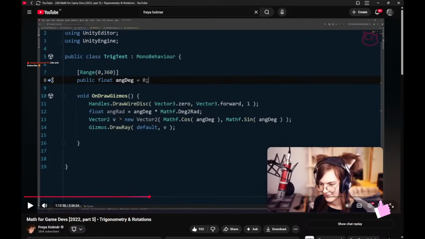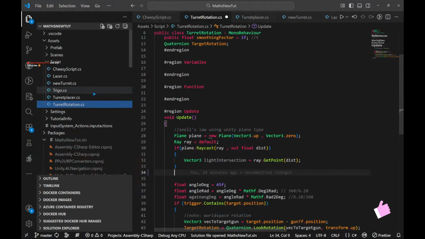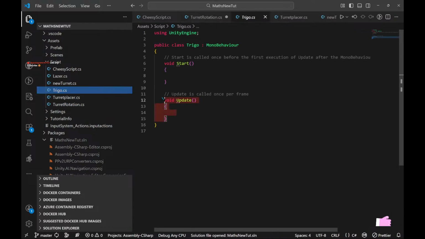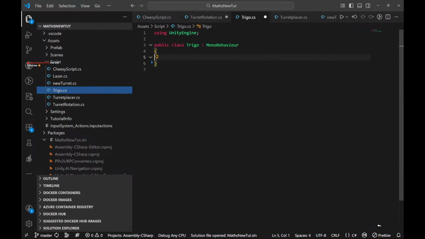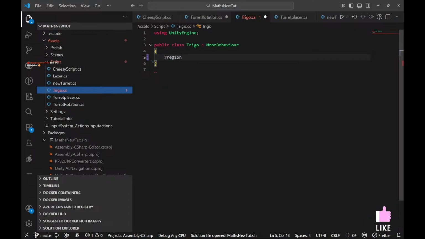And we have to change it. Angle degrees to angle rad. First of all, let's make this one right. First of all, we have to write the variables.